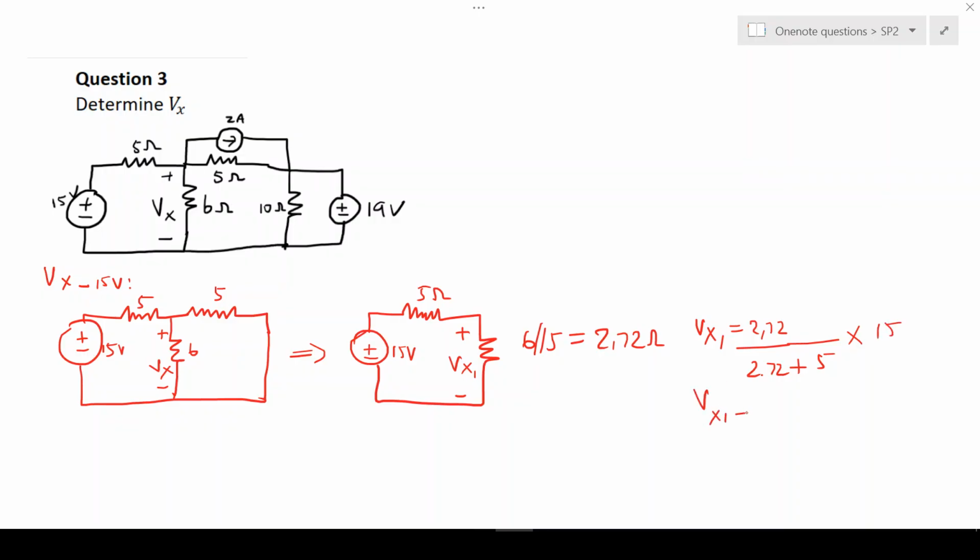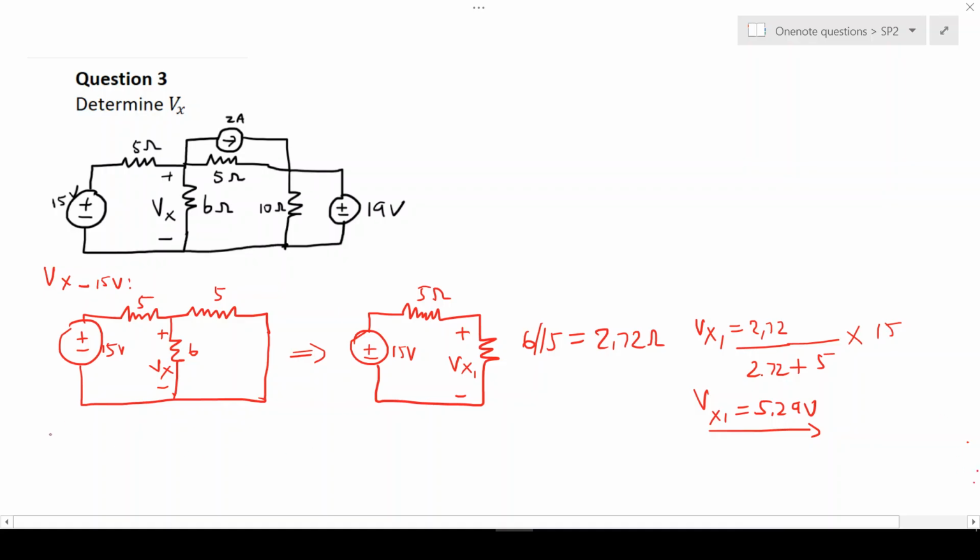So Vx1 is going to give me a value of 5.29. Right, so that's the first part.